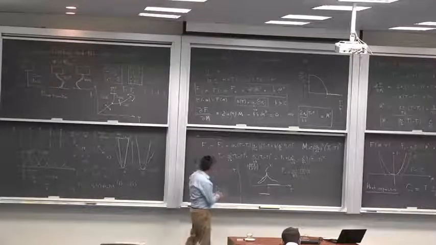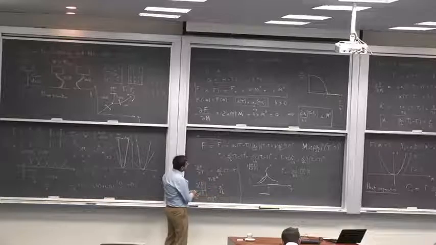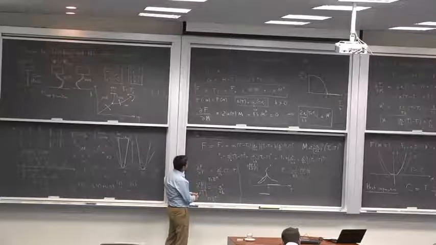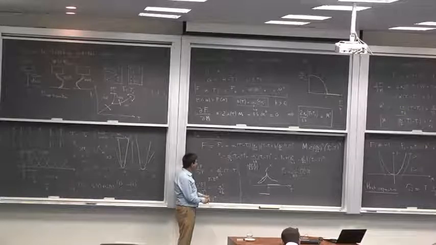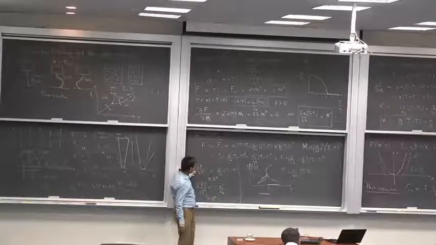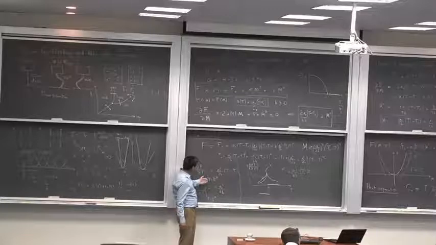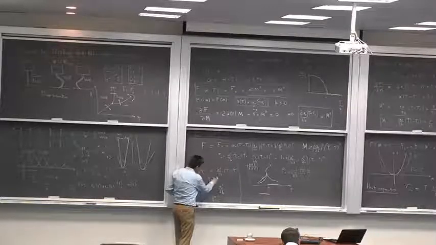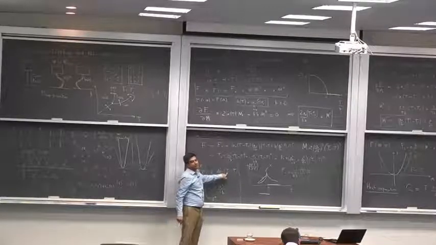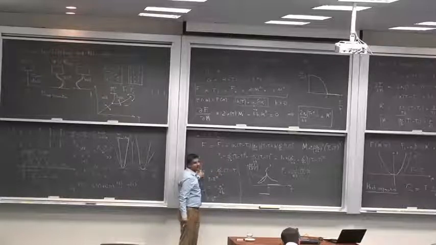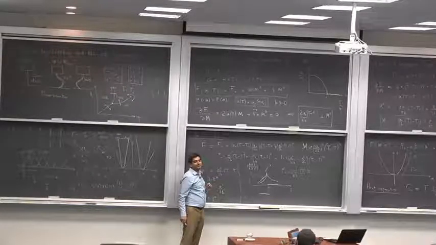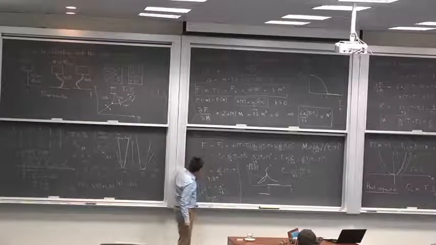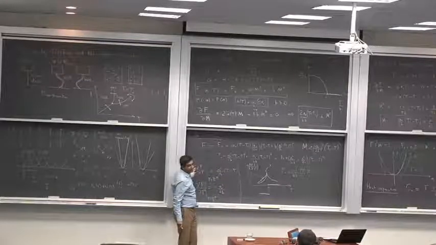And remember, if I look at the first derivative, this is just below the Curie point. If I'm at the Curie point, what's the first derivative? It's 0. So this term is continuous.